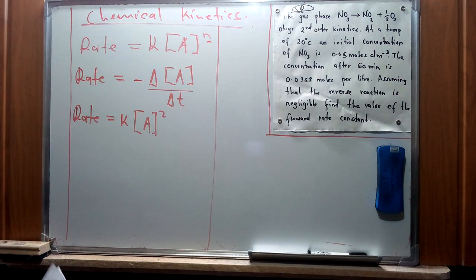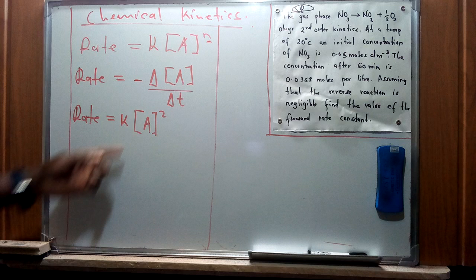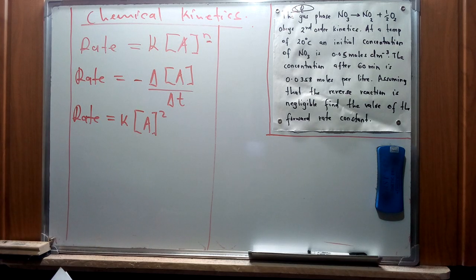A second order reaction is one where the rate is proportional to the square of the concentration of A, which is given as the equation I've written on the board.